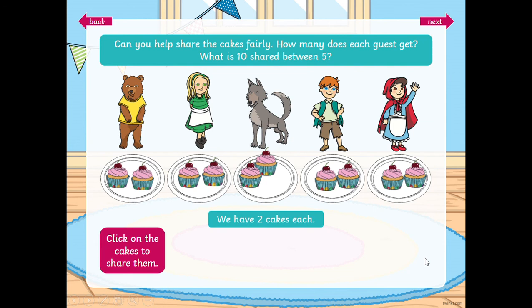Have a look. Have we put the cakes out fairly this time? We have, haven't we? Because each guest has got 2 cakes.